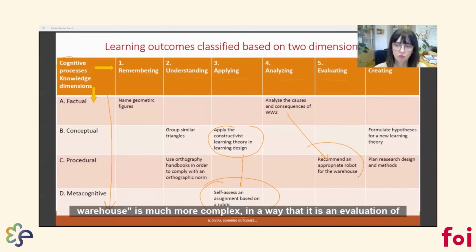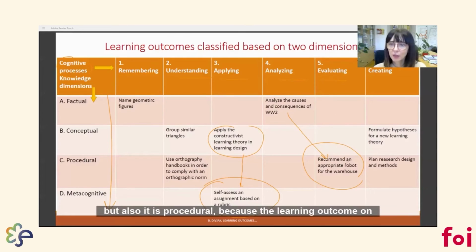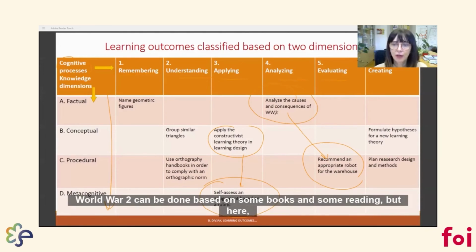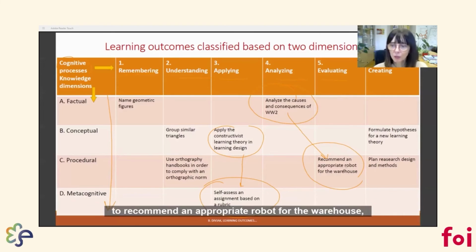It's much more complex in a way that it is evaluation of something, but also it is procedural, because the learning outcome on World War II can be done based on some books and some reading, but here, to recommend an appropriate robot for the warehouse, you should know the exact warehouse, the procedures, protocols, but also be aware of some possibilities to choose the robot or to program the robot or something else.